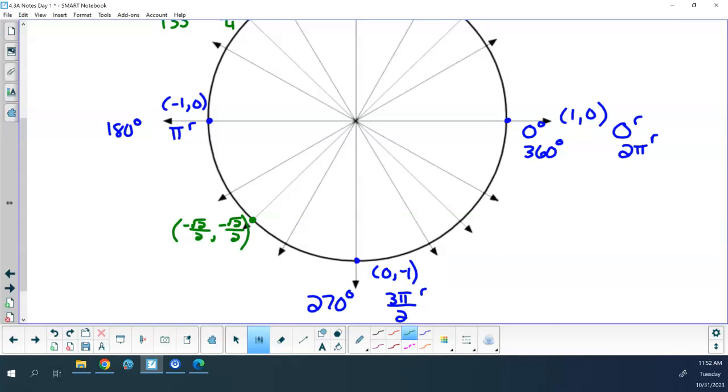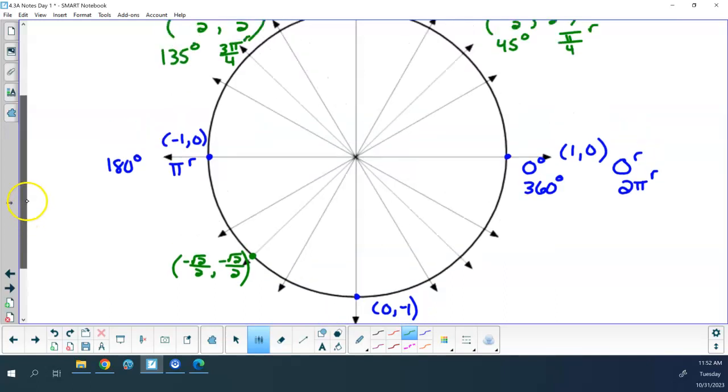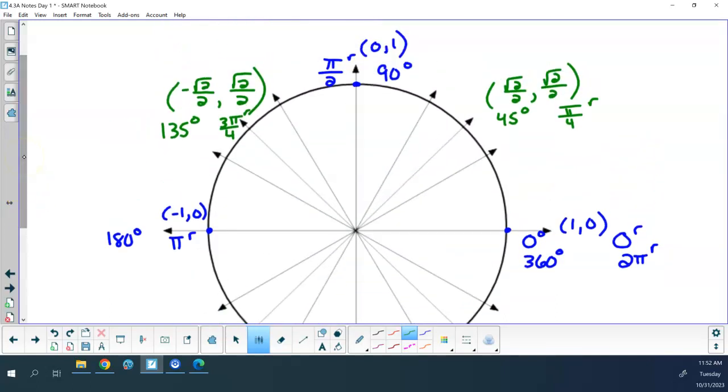If we count radians, here we went 1 pi over 4. 45 more degrees would be 2 pi over 4, right? Which is pi over 2. 45 more would be 3 pi over 4. 45 more would be 4 pi over 4, which is 1 pi.